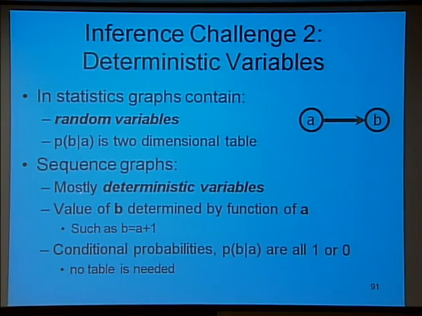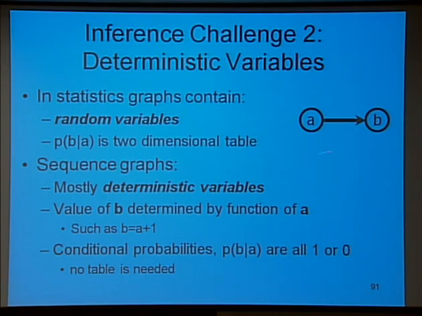In many of the graphs that we use, they're primarily deterministic variables, meaning that the value of B is just determined by a function of A, such as B equals A plus 1. And all of the conditional probabilities of B given A are 0 or 1. And if you know this function, you don't need a table to store the values of B. You just know the function.